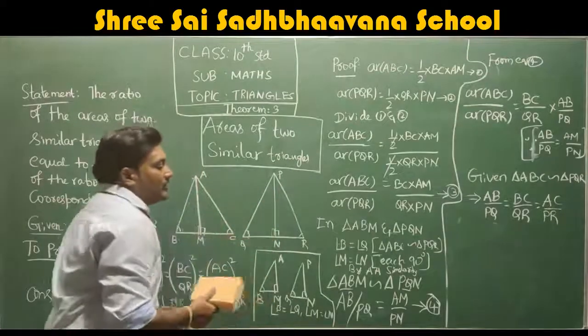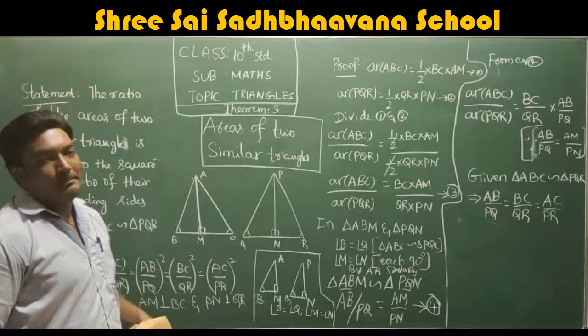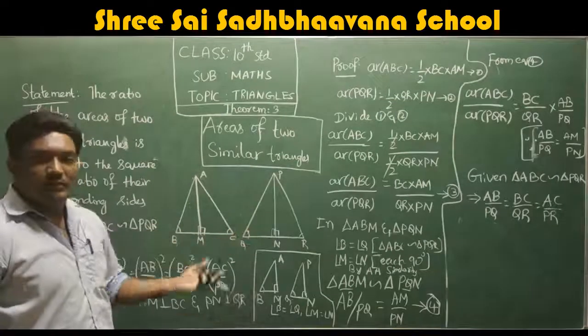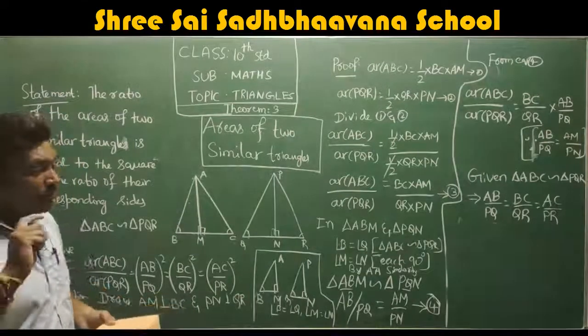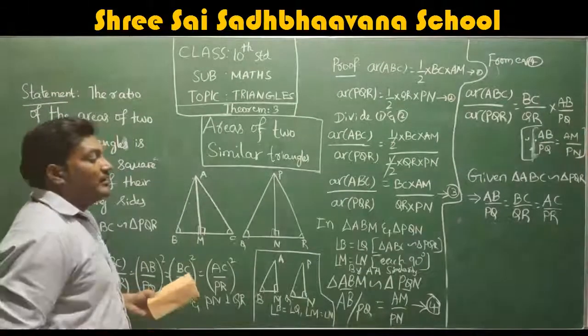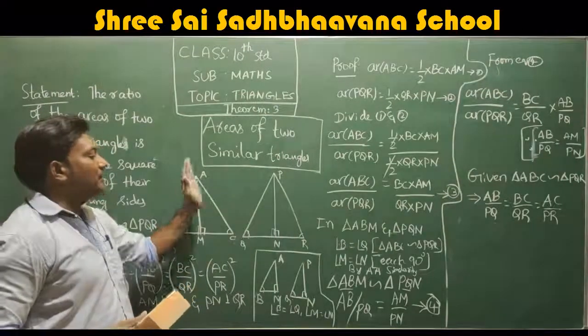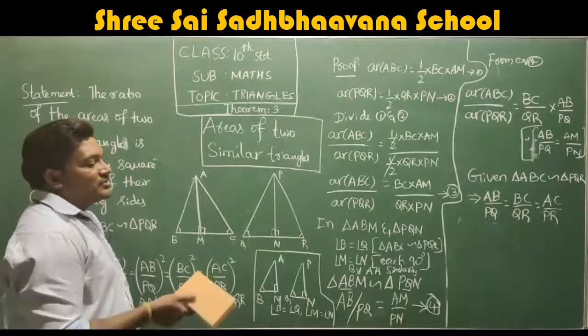AM and PN are corresponding sides. We can write another ratio, DM by QN also, but we have no need of that corresponding ratio here, that is why we are not taking it. So AB by PQ is equal to AM by PN. Take that as equation 4.